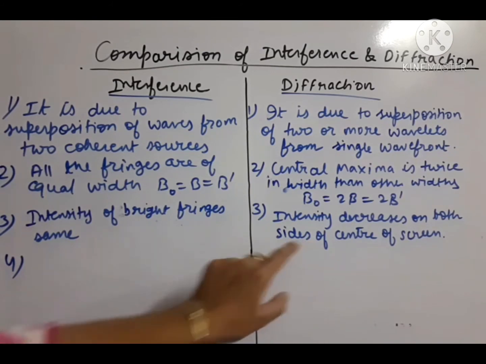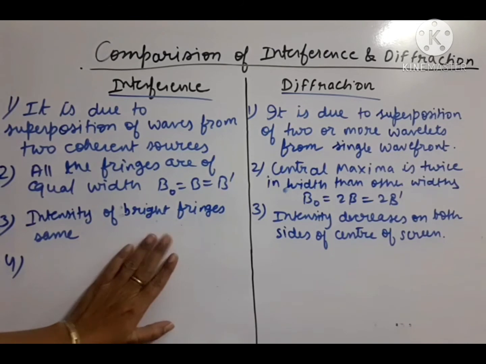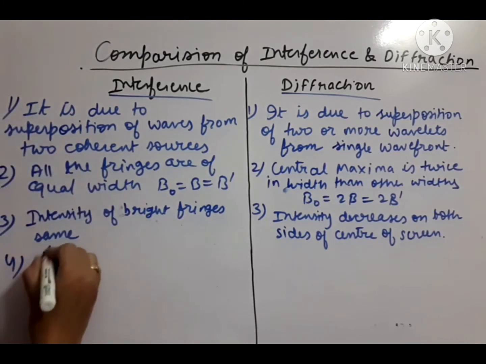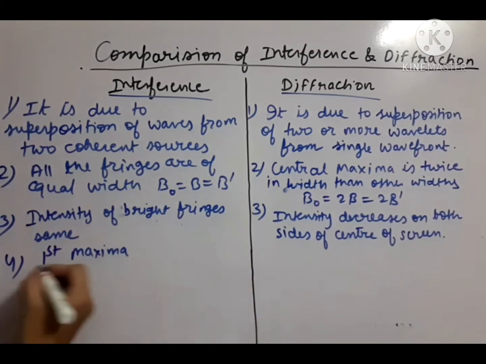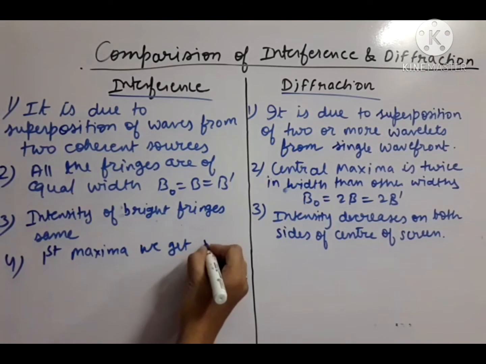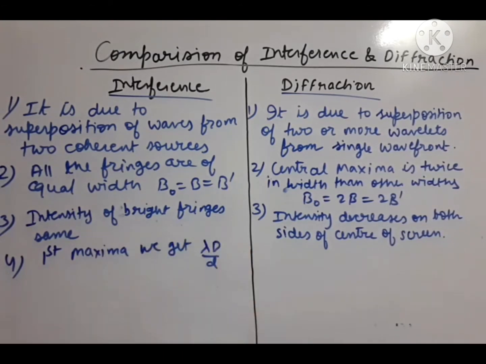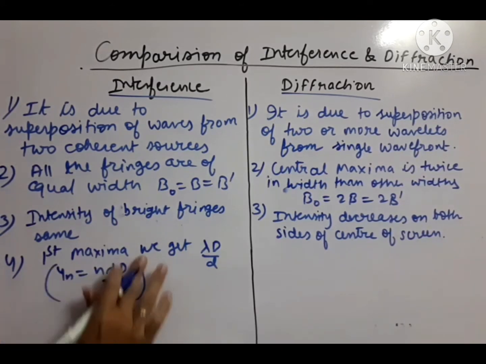Now the fourth point: you can see that the conditions of maxima and minima are also reversed, so the displacement formula is also reversed. In interference, first maxima, not central maxima, we get at lambda D by d distance, because the y n formula was n lambda D by d for maxima.